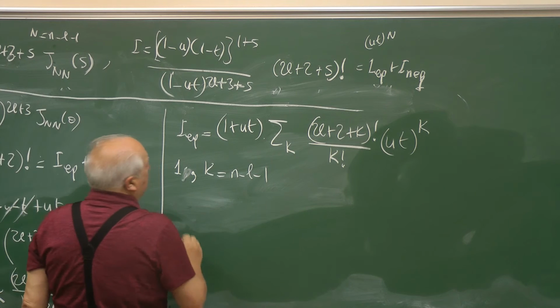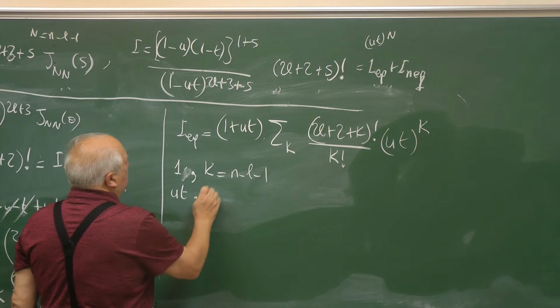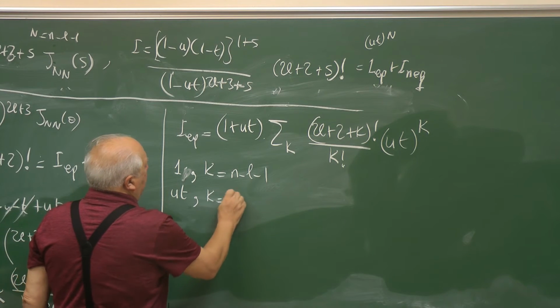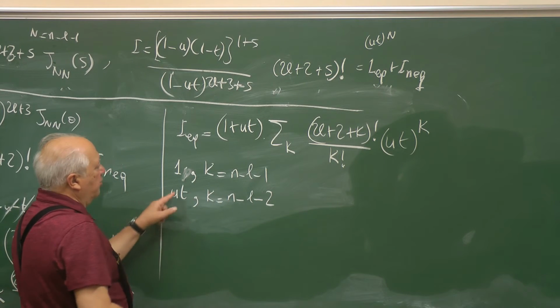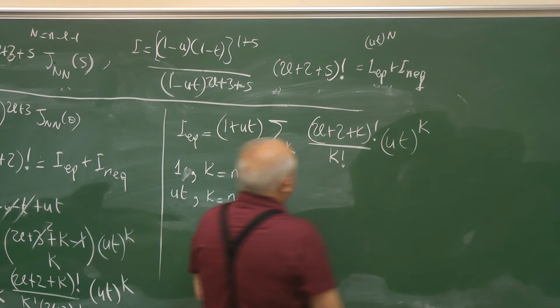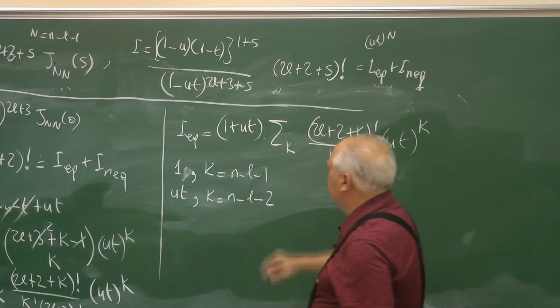That's the one. And UT goes with K equals n minus L minus 2. In both cases, the total power of UT will be this.